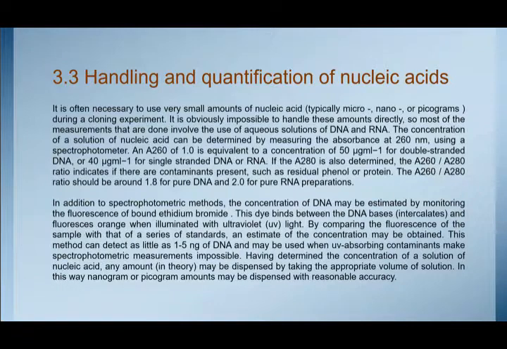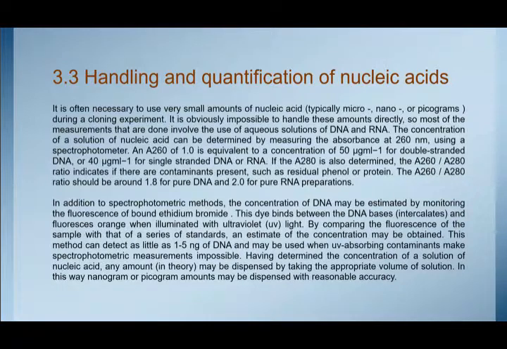The concentration of a solution of nucleic acid can be determined by measuring the absorbance at 260 nanometers using a spectrophotometer, and an A260 of 1 is equivalent to a concentration of 50 micrograms per ml for double-stranded DNA or 40 micrograms per ml for single-stranded DNA or RNA.